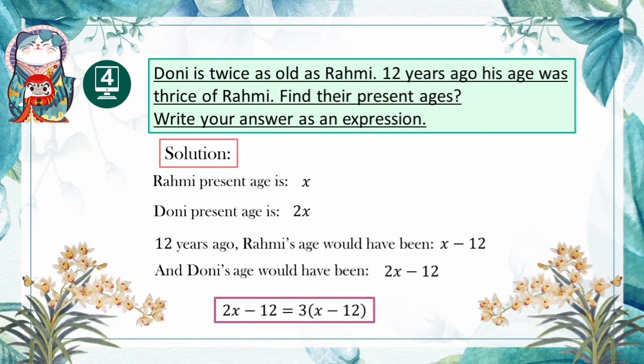According to the problem statement, 12 years ago, Donny's age was one third of Rahmi's. And then, this expression is 2 times x minus 12 equal to 3 times (x minus 12).